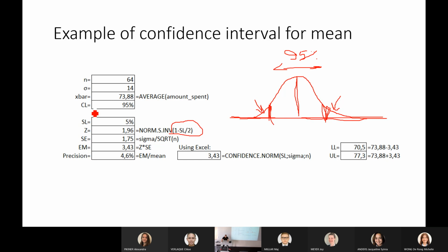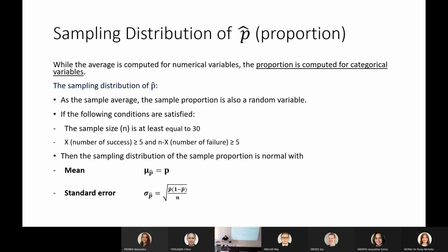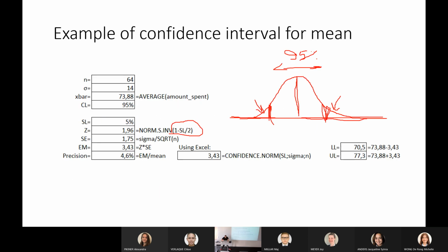As I said, the standard error in this case is just the sigma. What is then the sigma? We just split the formula, right? So in this case we have 14. For the standard error of a mean, you still remember the formula: it is the sigma of the sample divided by the square root of n, and that's what we have here.